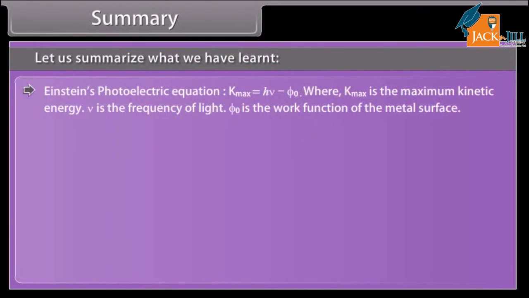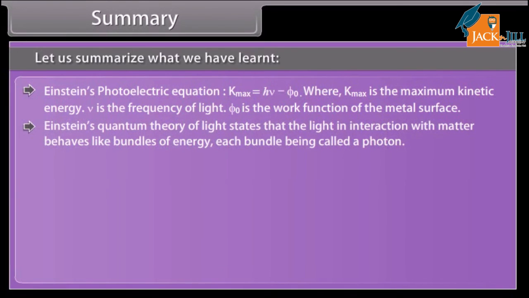Einstein's photoelectric equation: Kmax is equal to h nu minus phi 0, where Kmax is the maximum kinetic energy, nu is the frequency of light, and phi 0 is the work function of the metal surface.